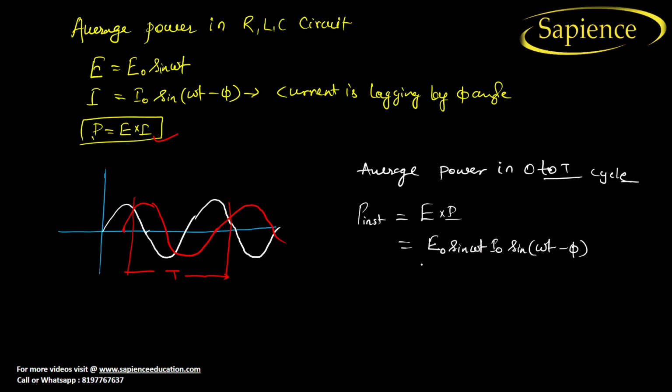So this is an instantaneous power. We don't have an overall power or an average power. Instantaneous power can also be written as the work done or energy taken per unit time.